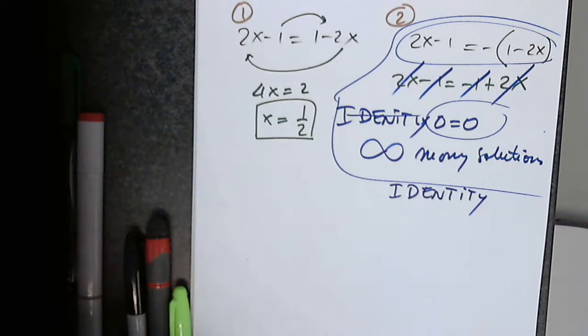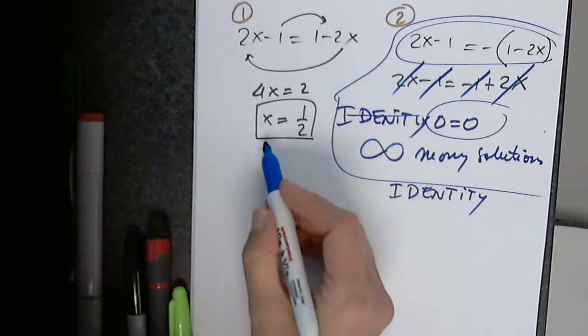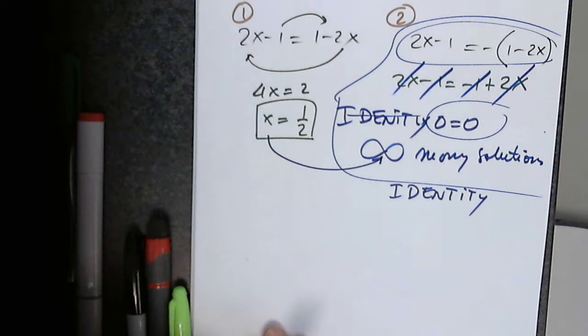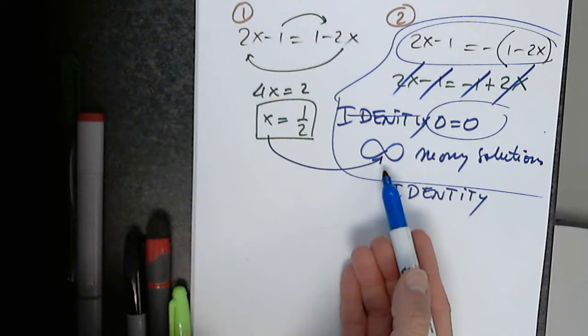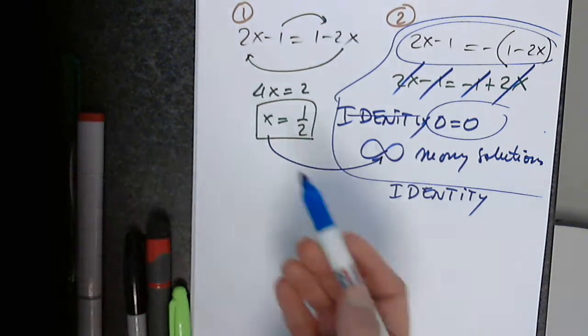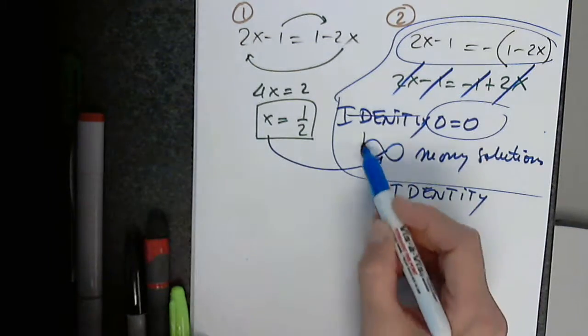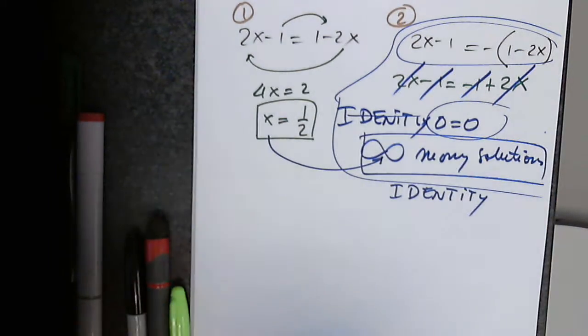Identity. Sorry about that. I looked at it and I said, that doesn't look right. So I omitted a T between N and I. Okay, so here it is, identity. Good. Since 1/2 is already included in here, I'm not going to write it again. Infinitely many solutions means everything, including 1/2. So the equation has infinitely many solutions.